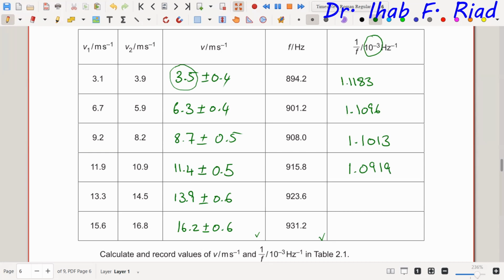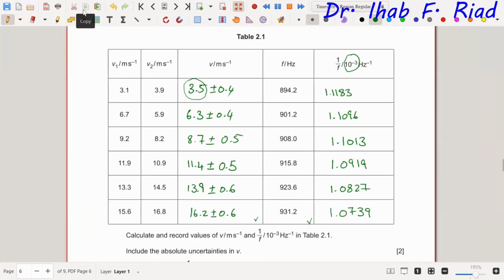Good. It is 1.0827. Yes. It is 1.0739. Yes.